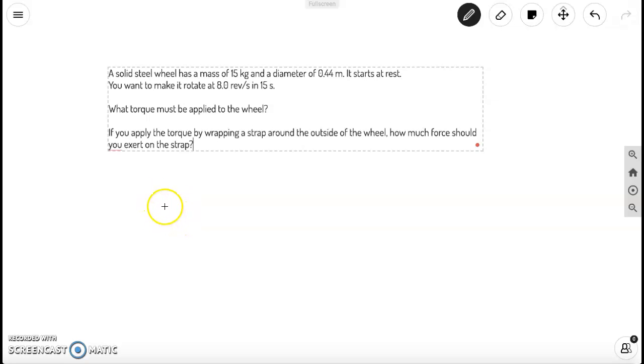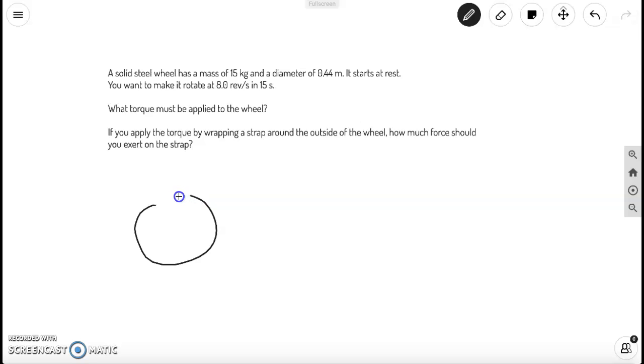So first I'm going to draw this out. We have a solid steel wheel, okay? And the diameter is 0.44 meters.